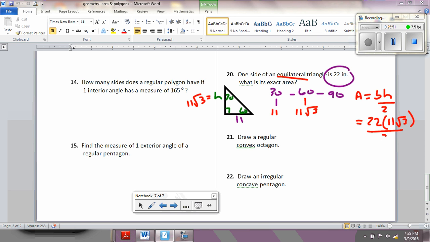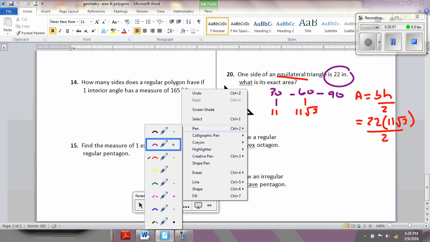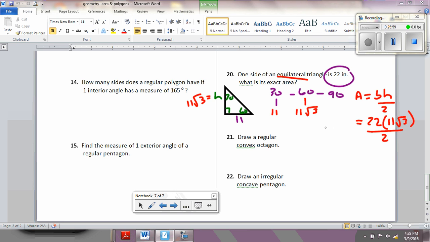All of that is divisible by 2. I can cut 22 in half because it's an even number. When I cut 22 in half, I get 11. And then I just multiply 11 with 11, which is 11 squared, and that happens to be 121, and then bring down the square root of 3 and label inches squared.